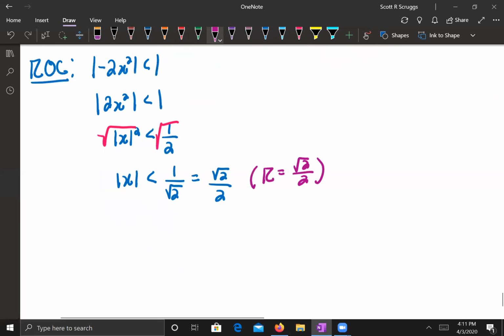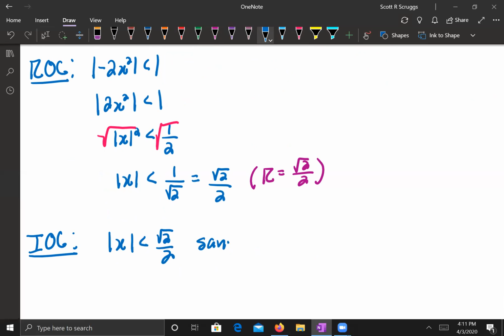All right, so now we have our radius of convergence. Now we have to find our interval of convergence. Because we have the absolute value of x less than root 2 over 2, that is the exact same thing as writing negative root 2 over 2 less than x less than root 2 over 2.